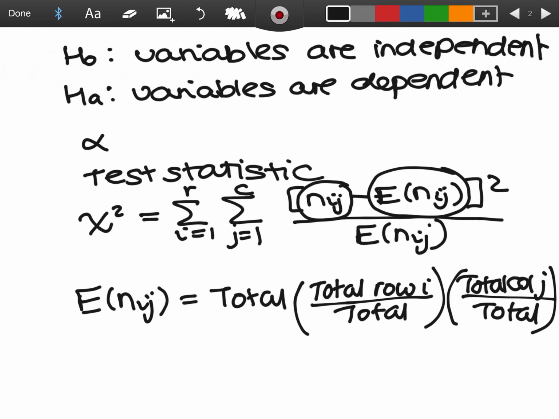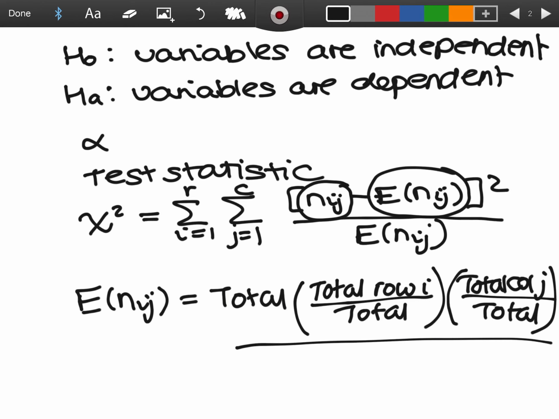So the expected number of people to fall into a particular cell is given by that number. As I said, you are not going to have to calculate that, but it will ask you on Hawks what the expected number for a particular cell is. So you're going to have to know how to recognize it, but you don't actually have to calculate it, but I'll show you how to do that in a minute.